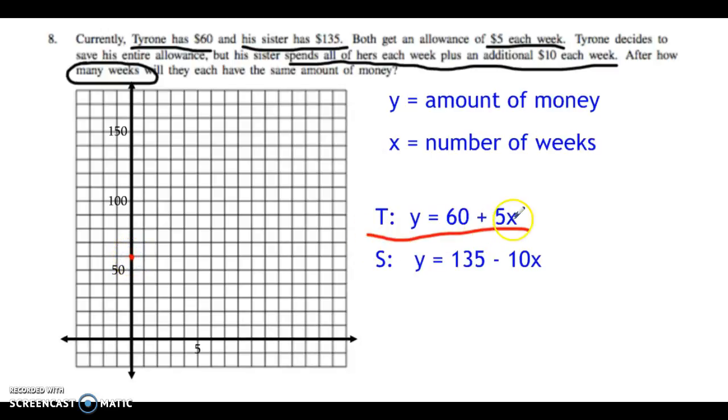And the next point is going to be 65, which in 1 week is at 65. And then the next point is going to be 70. 60 plus 5 times 2 is 60 plus 10, which is 70. So that should be here.